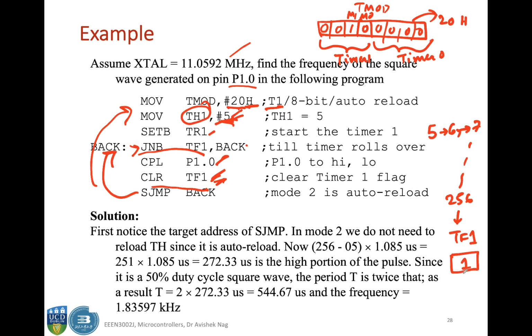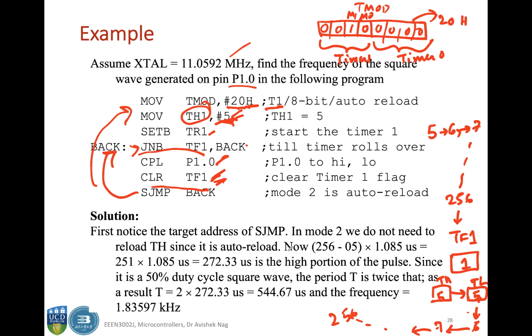TH, which contains 5, reloads this to your TL, and all you need to do is clear this TF1. Once you clear it, the timer again starts counting from 5 to 6 to 7 up to 256. So this process continues.